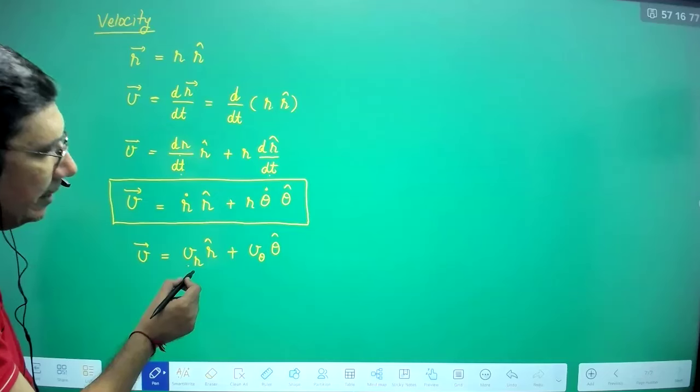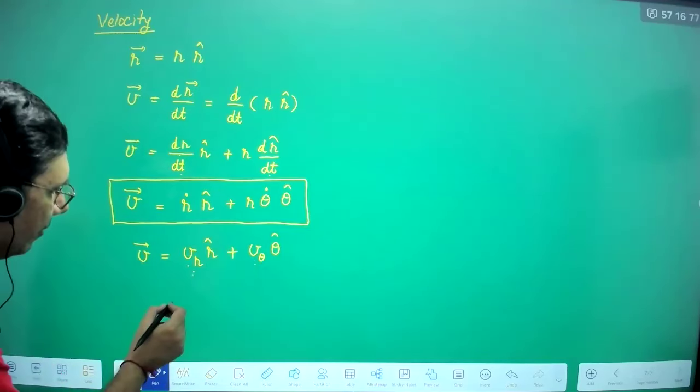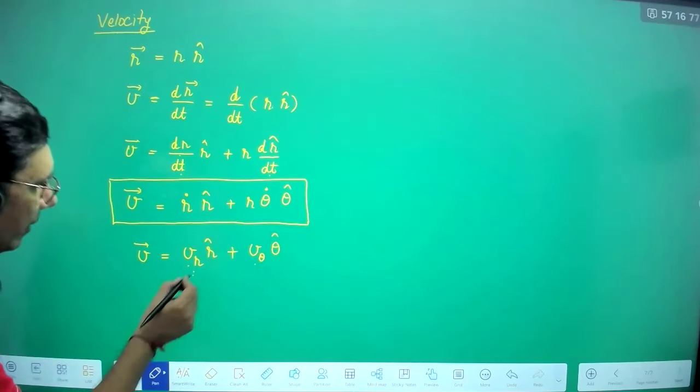So this is radial velocity. This is tangential velocity. I will write what vr is here, where vr is r dot, or you call it dr by dt.